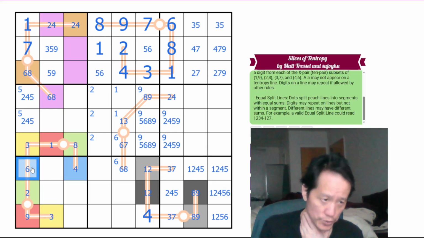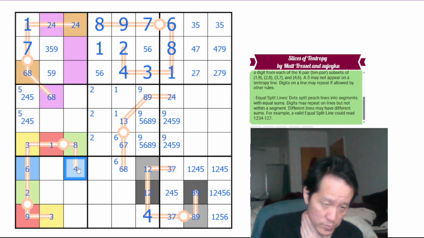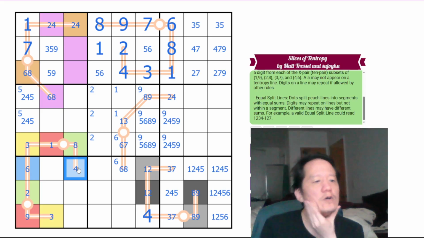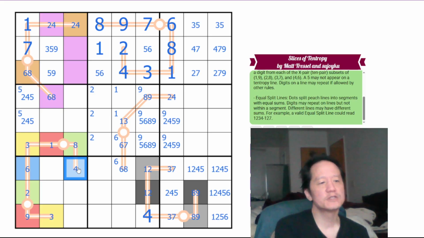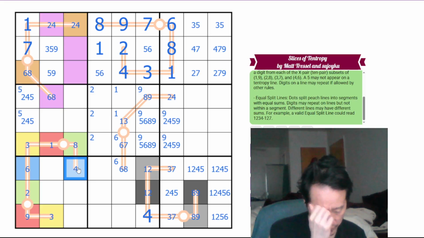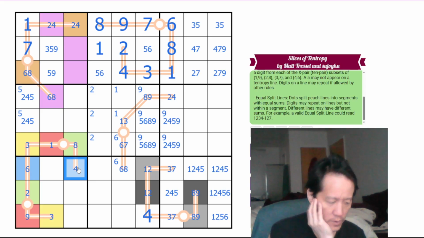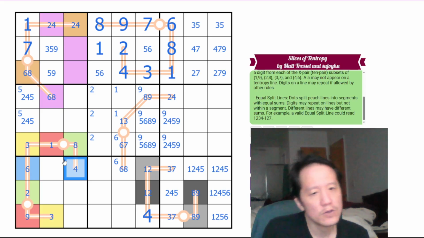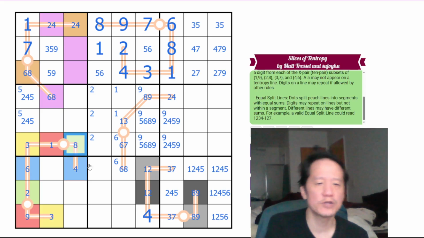If this is 2 and this is 8, you can't add up to 10. Minimum would be 1, 2, 3, and 6 again, which is 12. So could you have 4 here?